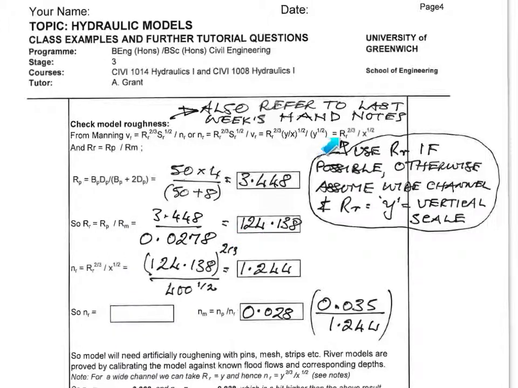So in this case we can work out that on a sounder basis than just a wide channel assumption, but if we're pushed, as an approximation, we could just use the vertical scale here. So NR is Rr to the 2/3 x to the half, work it out, 1.224. So the roughness of the model is the roughness of the prototype over NR, 0.028.